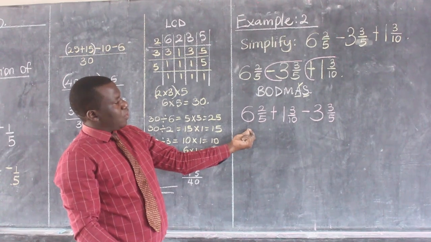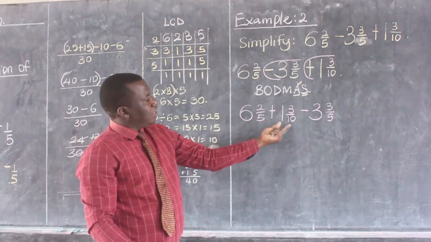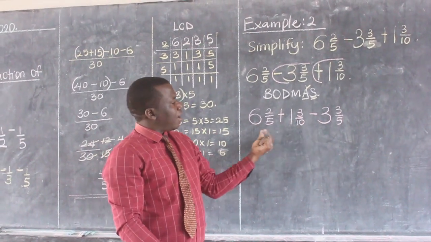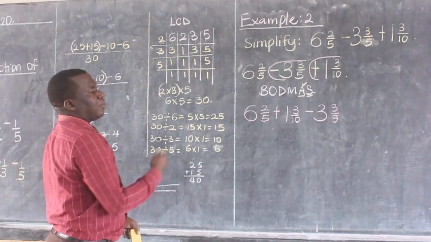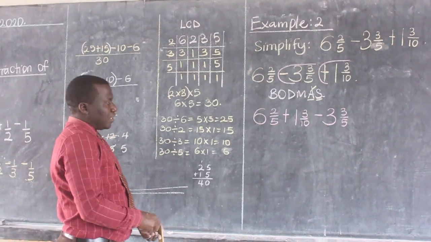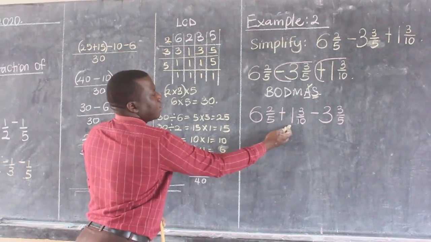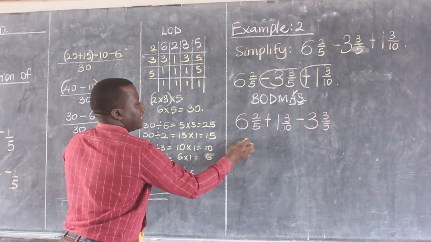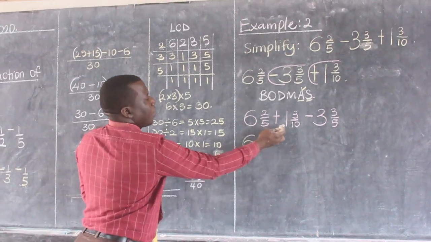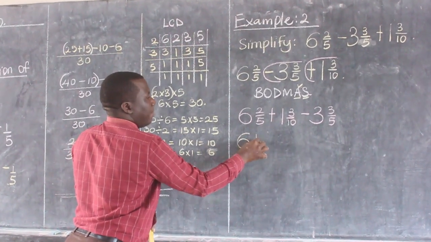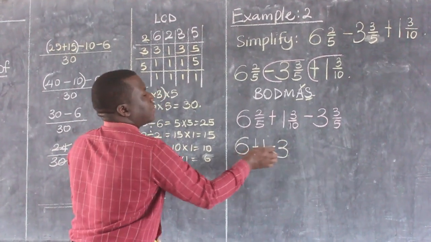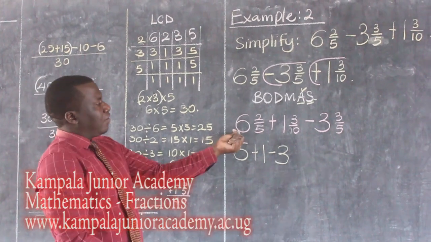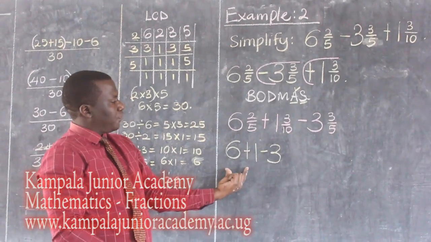So in a situation where each of these numbers have got whole numbers, we can first deal with the whole numbers first. So we shall say 6 whole numbers, we are adding it to that 1 whole number. Then we shall subtract the 3 whole numbers. So you have first of all identified the whole numbers alone.